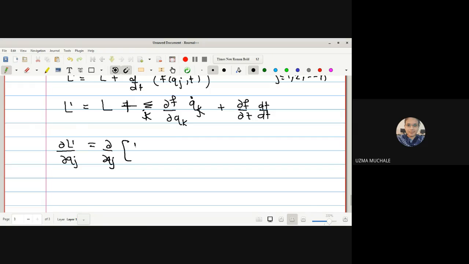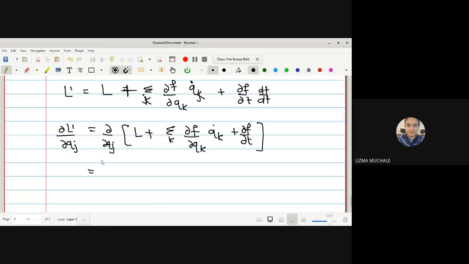We have to differentiate the term L plus summation over k, dou f by dou qk into qk dot, plus dou f by dou t. dt by dt will be 1. Right? Now, what will be the value of this term? The first term we can keep as it is.